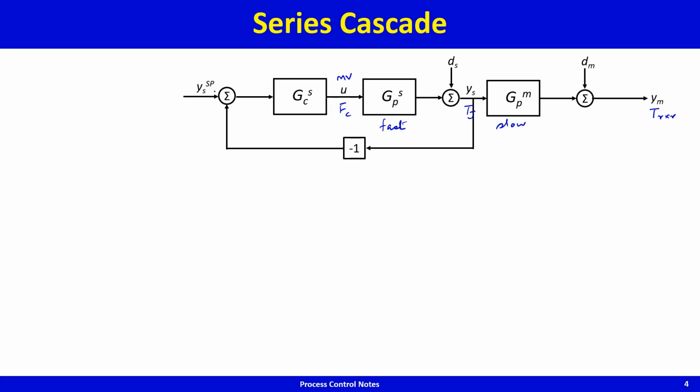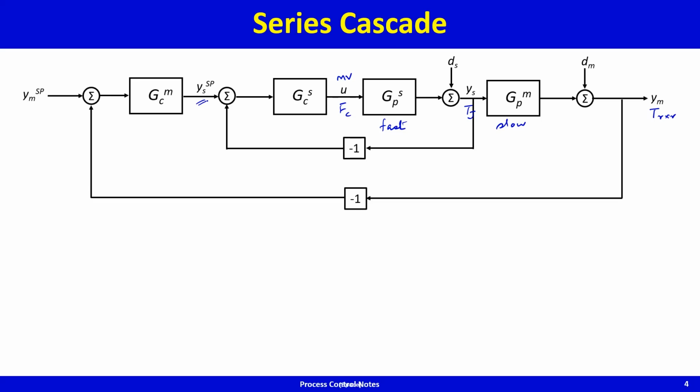The slave loop has a set point, and the primary loop or the master loop adjusts this set point in order to hold the primary variable at set point. So you got the slave controller. I will call this the slave controller. And you got the master controller.